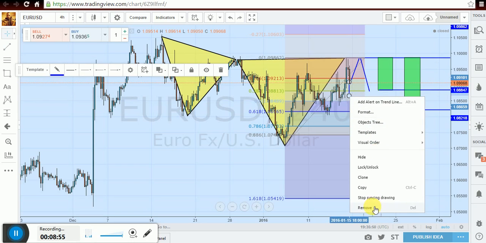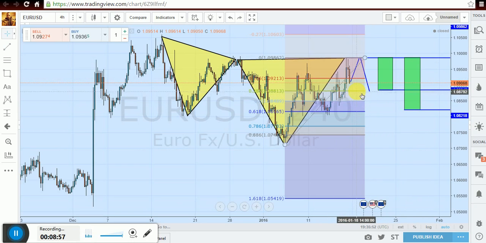So that's something for you guys to watch out for. If we don't hit the 382 retracement, and the market comes back up to anywhere around that cipher pattern completion, then I would be looking to get short, because the market has come into a little bit of a sideways movement right here, and it's approaching the top end of that channel.